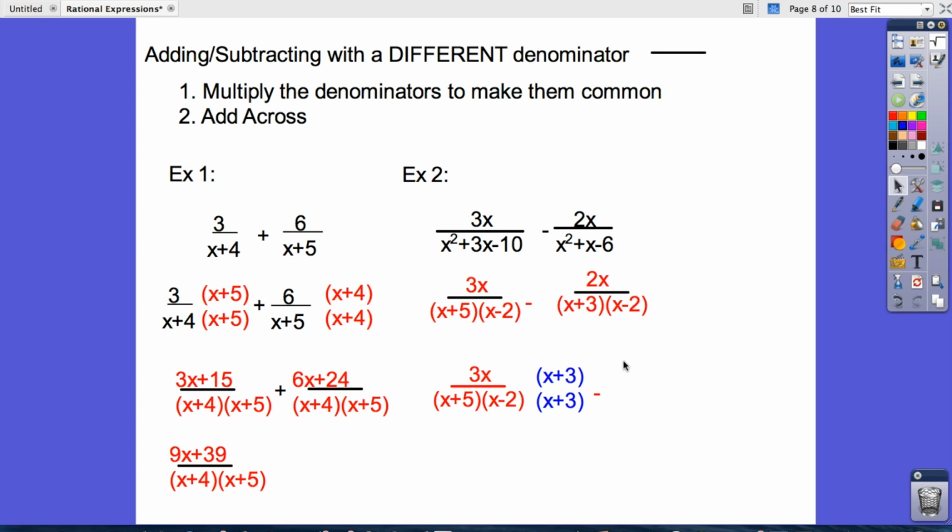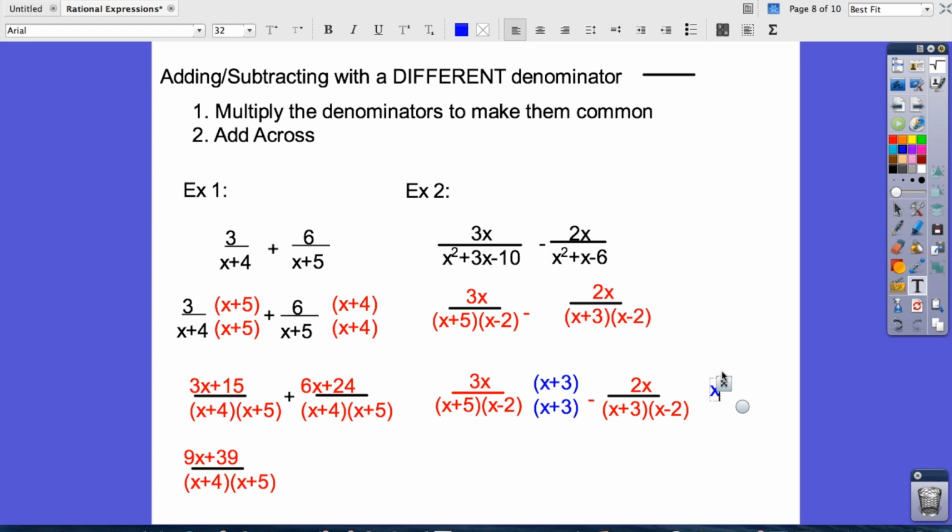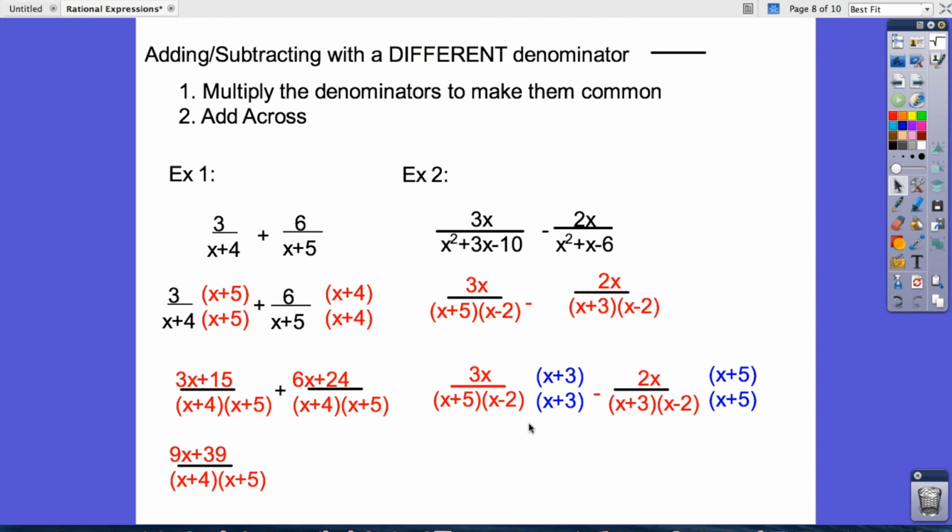And on the right side, if you look at the denominators, it doesn't have an x plus 5. So that's exactly what we're going to add to this. So we have x plus 5 that we're multiplying across. And notice, when we're working with the denominators, we're not actually changing or multiplying them out.